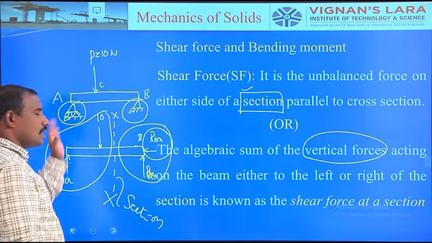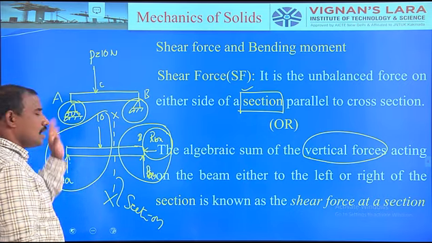What about the net force right of the section? Only RBY. So this is the procedure to calculate the shear force either left or right of the section. Shear force means the unbalanced vertical forces at any position of the beam.